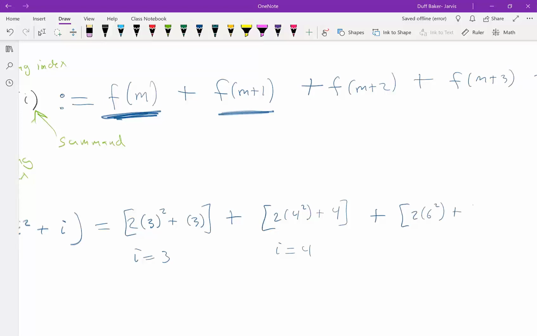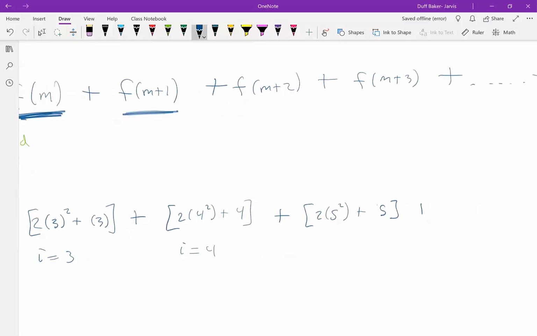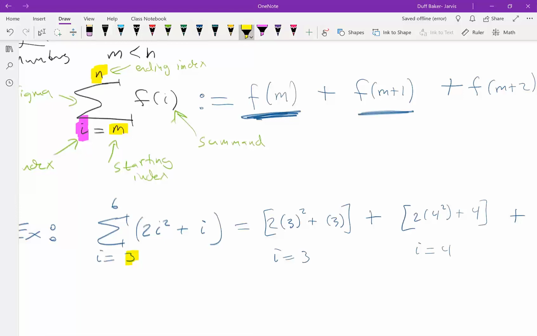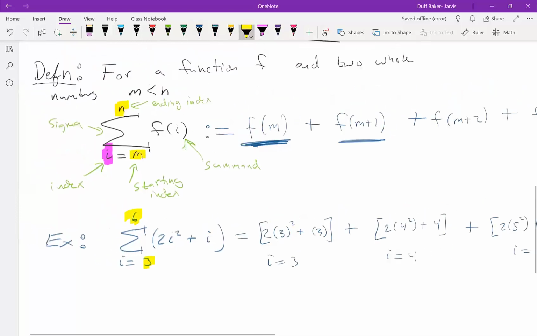I said 6, but this should be 5. You increment it by 1. So it's for i equals 5, and then we stop when we get to the number that's on the top of this sum. Right? So we stopped at 6.